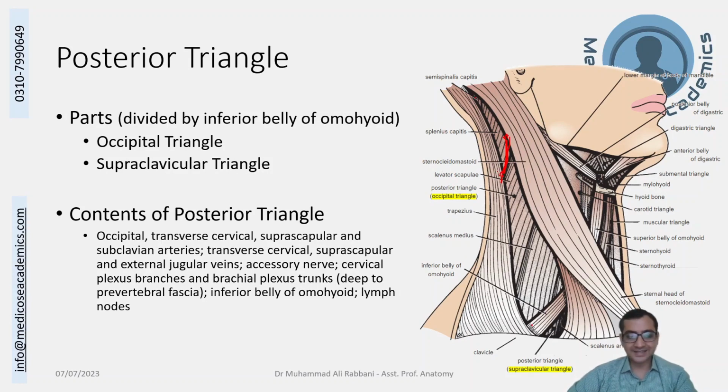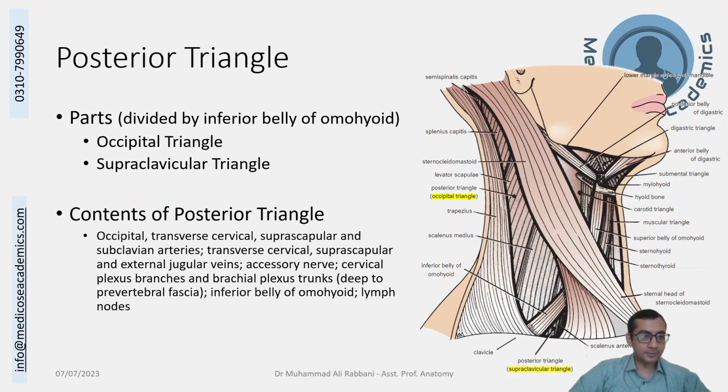That is the accessory nerve. And of course, if we're talking about the whole posterior triangle, the inferior belly of omohyoid will be one of its contents. Then the deep cervical lymph nodes; on the posterior aspect there will be some nodes too. So these are the things that will be present here.